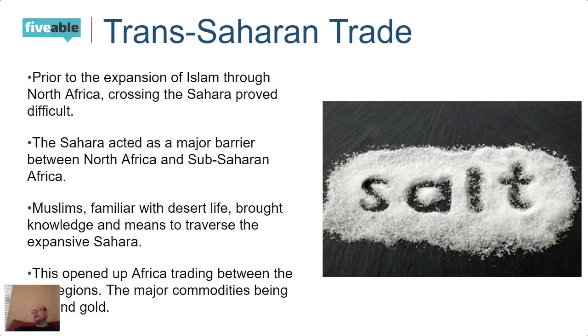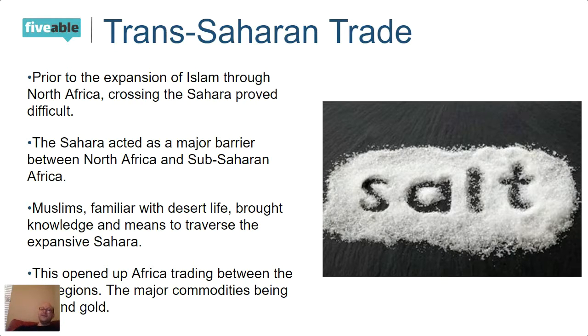It's going to conquer all of North Africa, and then Islam's going to go over the Mediterranean Sea into the Iberian Peninsula, and they're going to conquer what we now know as Spain and Portugal, and they're going to call it Al-Andalus. So that's the context of what's going on here. So all these regions, including North Africa, are getting conquered and are converting to Islam as a result.